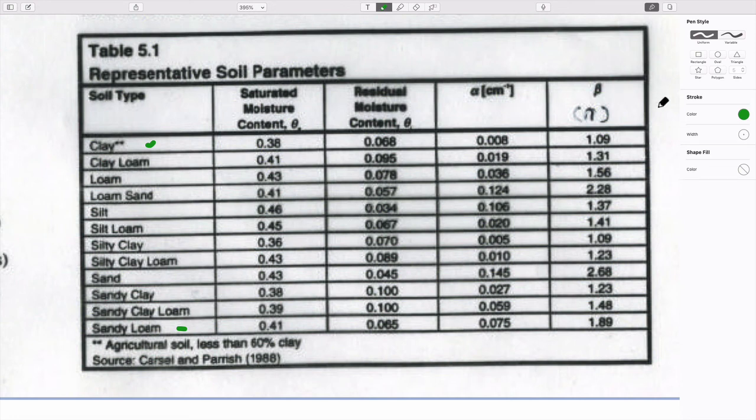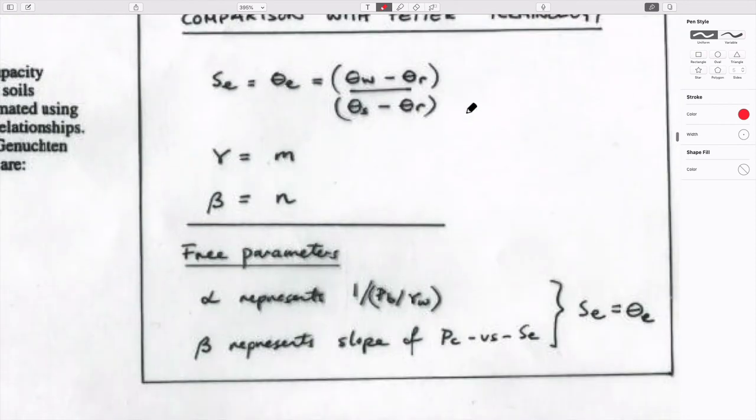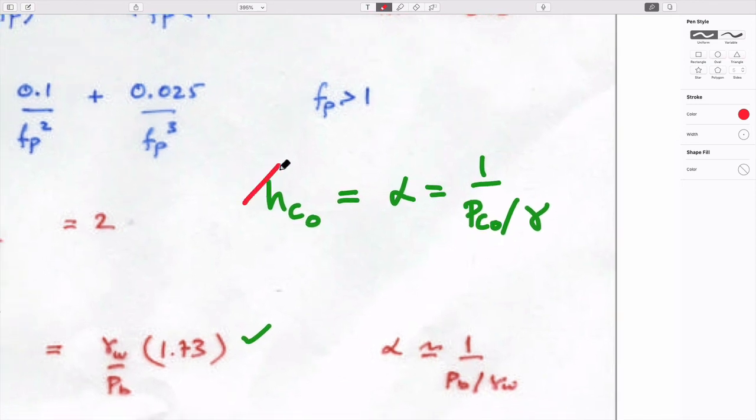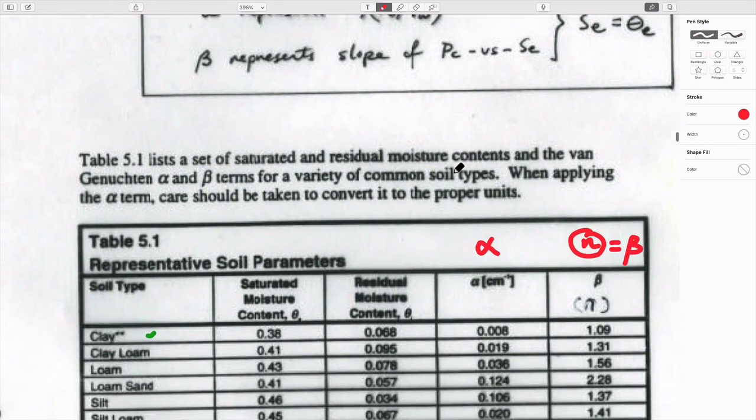And in the terminology that we've already used, the value of n that we've used before is actually beta in this term. The value of alpha we used before, which we said is the reciprocal of height, is 1 over h0. This is equal to 1 over this. It's units of 1 over length, right? Because this term here is basically hc0. And so the units of this are that.